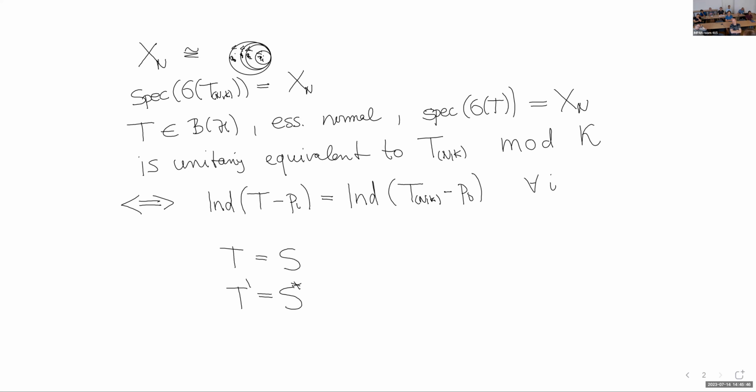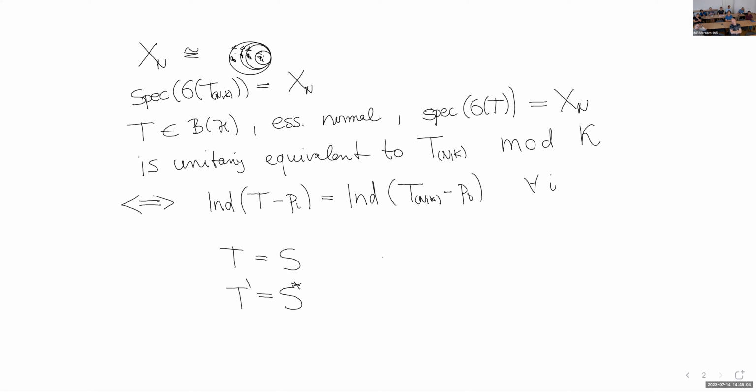But they define different extensions because this has index -1, this has index 1. So in the classification of Brown-Douglas-Fillmore, these are different. These are inverses.